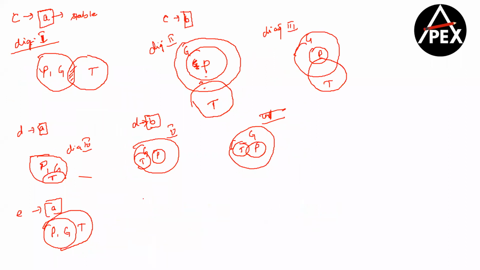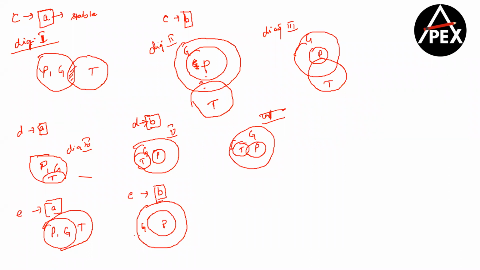Next, I will combine E with B. Now, if I'm combining E with B, what is happening? Guys, any ideas? First, what do I have to draw? I have to draw B. So B here, G here.